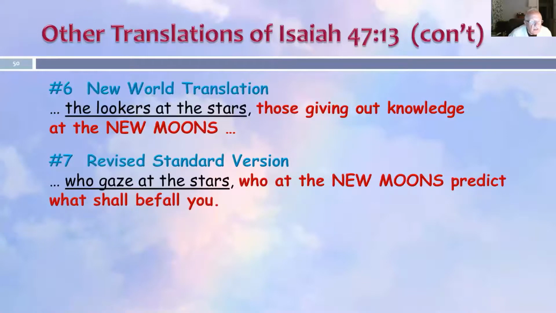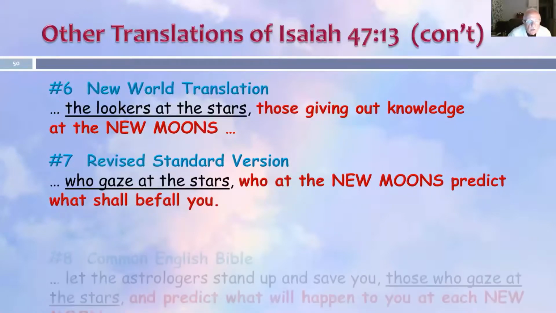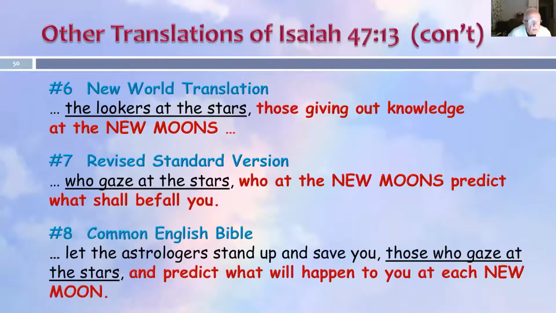And the Revised Standard Version, who gaze at the stars, who at the new moons predict what shall befall you. And the Common English Bible, let the astrologer stand up and save you, those who gaze at the stars and predict what will happen to you at each new moon.